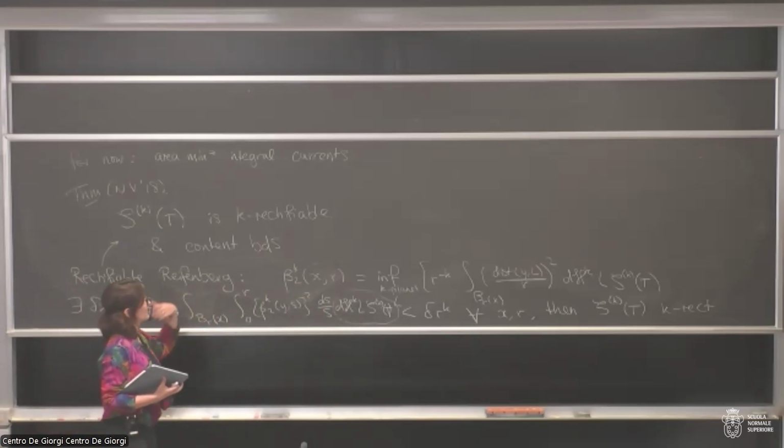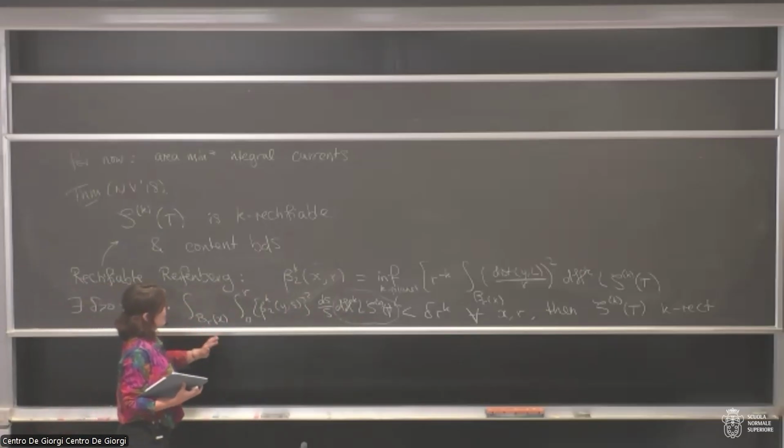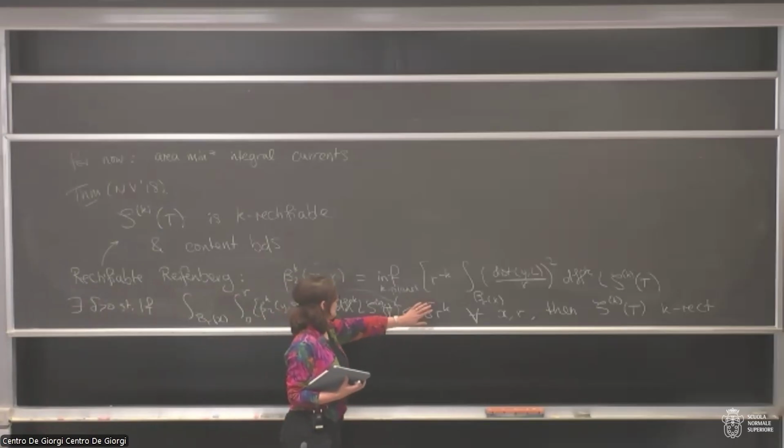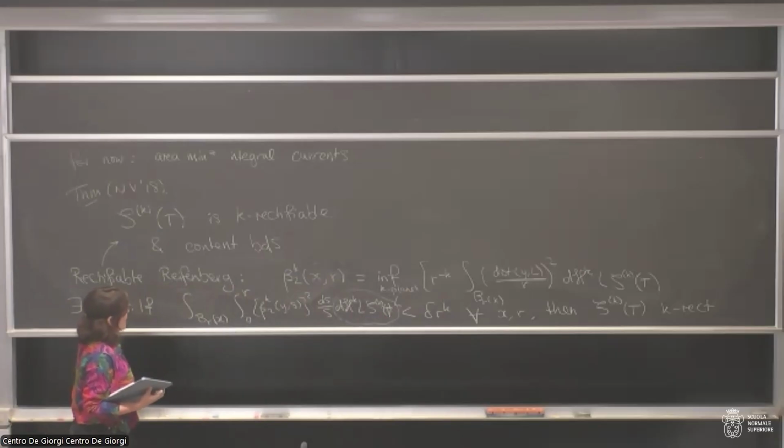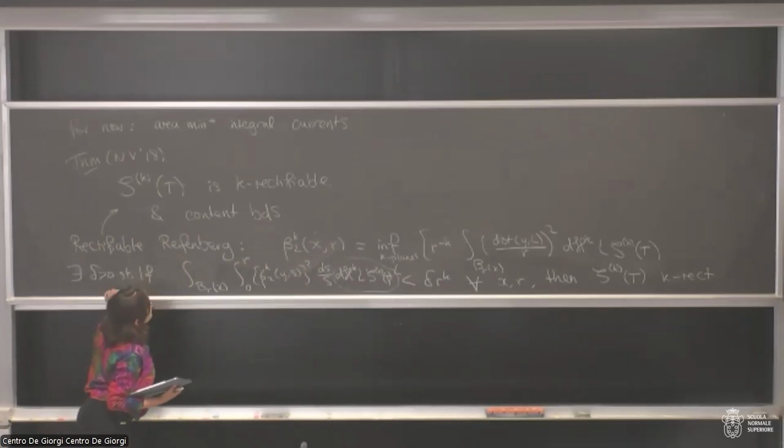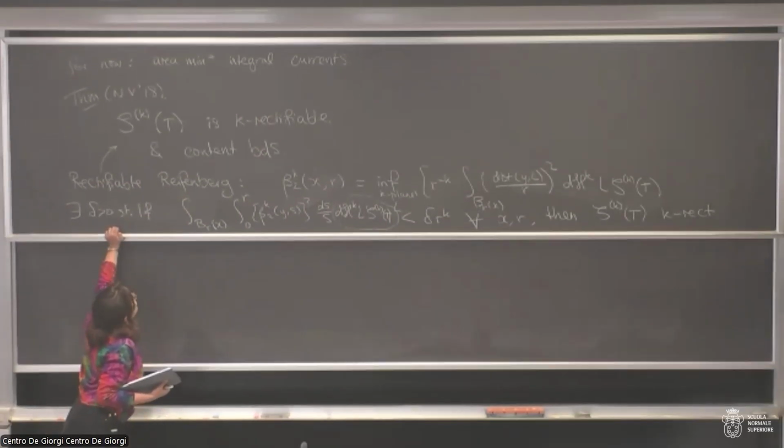So in this context it reduces to just verifying the more qualitative boundedness condition that Azzam and Tolsa have. The one drawback is that it doesn't give you the content bounds, but it's still pretty interesting, I think.